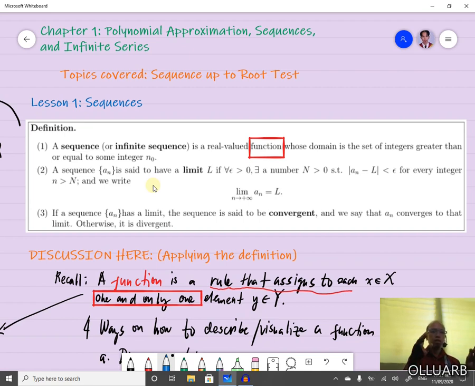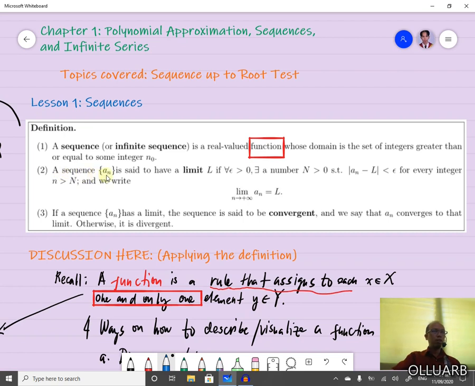So just recall your calculus 1 about limits at infinity. So this is the formal definition of the limit of a sequence. This is not intuitive, but as you can see, they are very similar to calculus 1.